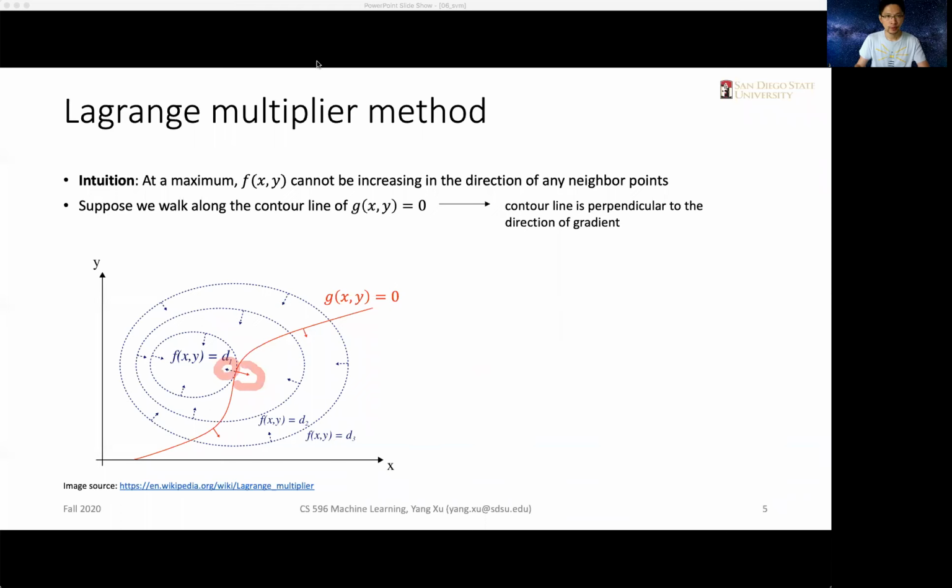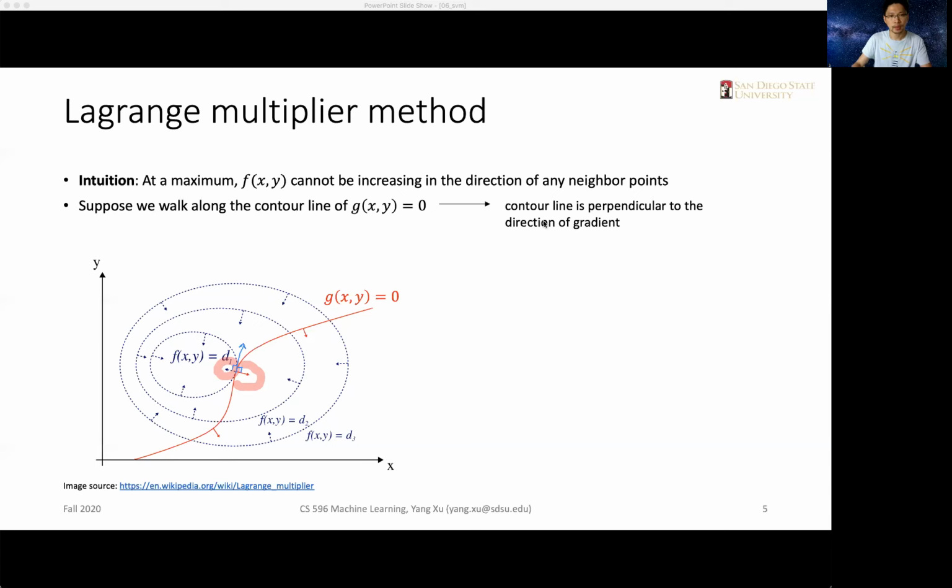So let me draw a contour direction as this one. That is the direction of the contour lines, and the direction of the gradients is perpendicular to this blue contour direction.